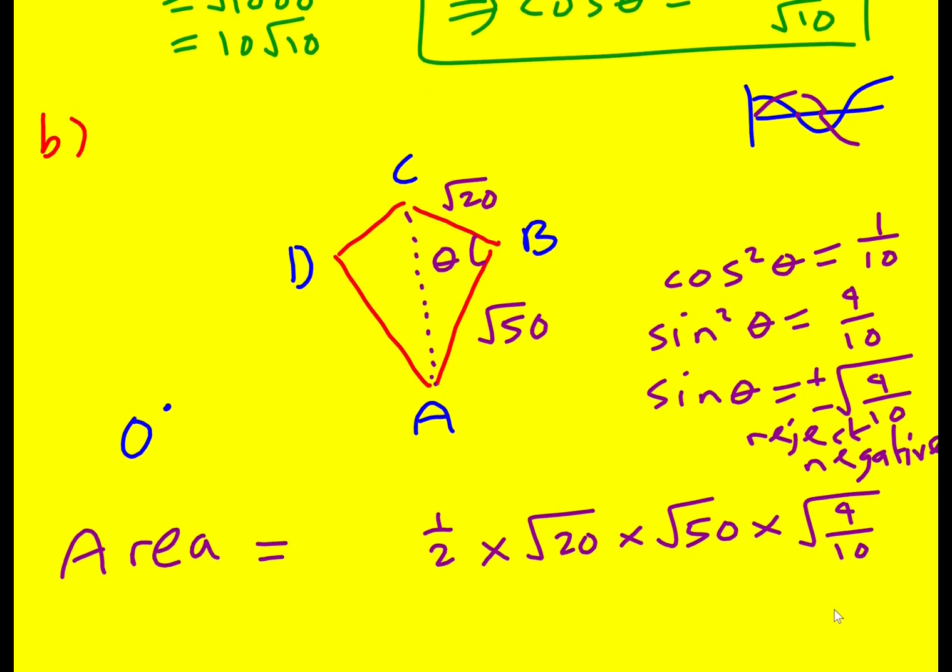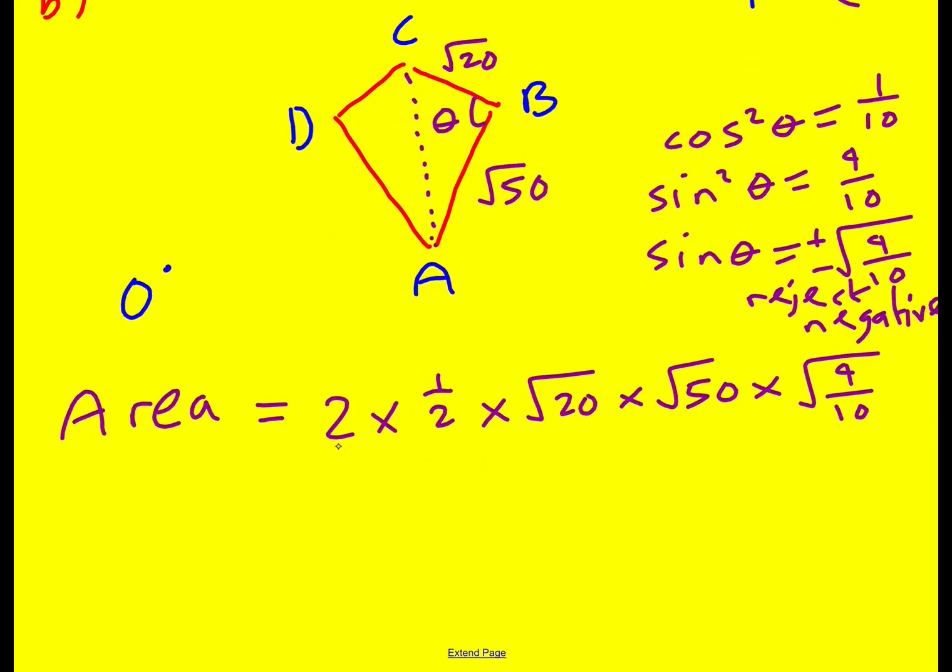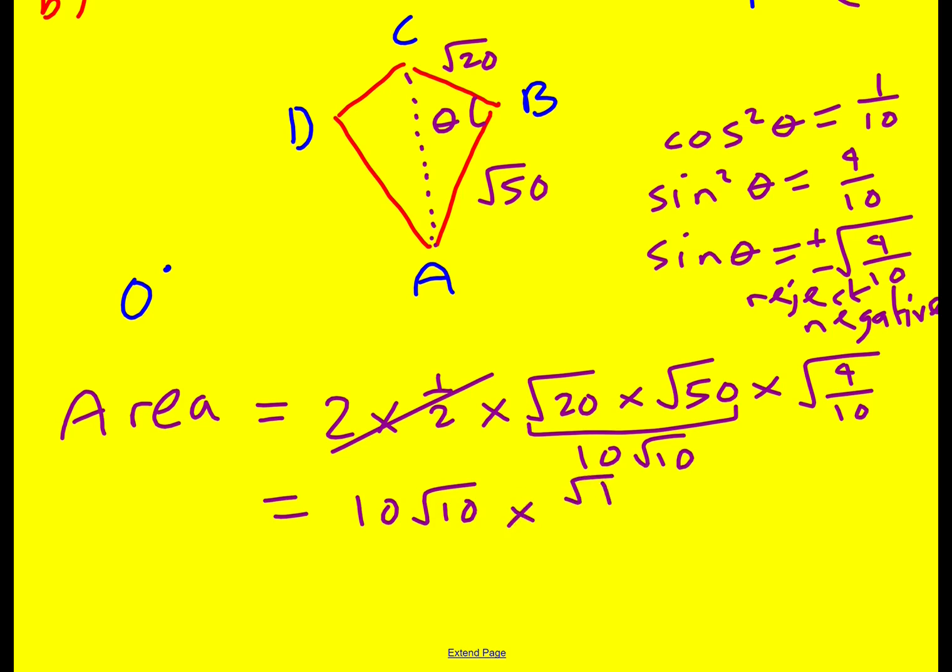Now that's the area of one triangle, but we've got two triangles. So I'm going to have to times it by 2, which cancels out that half. And now we just need to figure this bit out. So like I said before, this bit here is actually 10. This is equal to 10 root 10. So it's going to be 10 root 10 times root 9 over root 10.